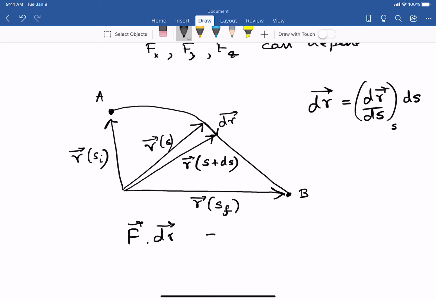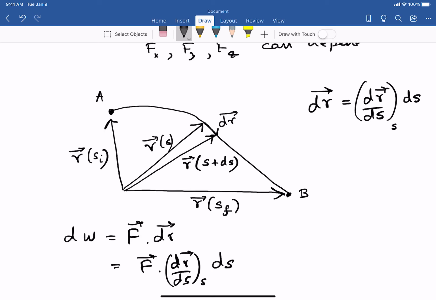So the work done over dr is going to be F dot dr/ds times ds. Remember, the dr/ds is a vector evaluated at s multiplied by ds.